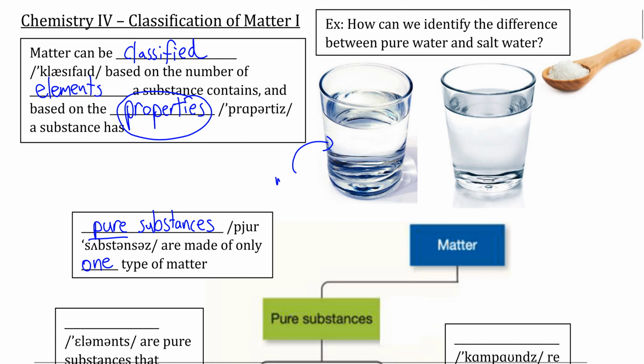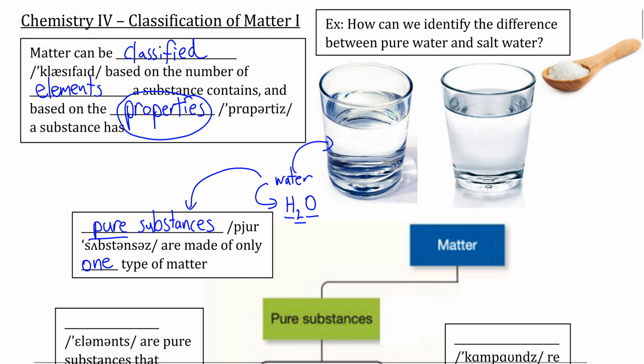Now, if you were to guess, most of you would probably guess that this clear, colorless liquid is water, and if we were right, we can say that water has a specific chemical formula, that being, if we take two hydrogen atoms and one oxygen atom, we can put these together in order to make one unit of water. And if this glass of water had only water in it, it would be considered pure.